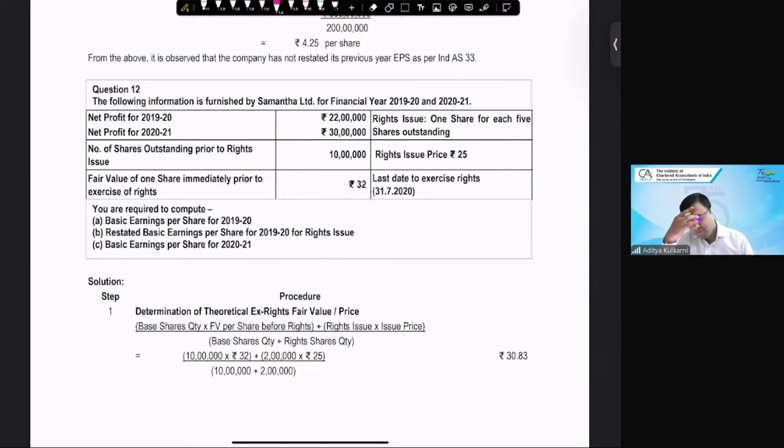Are you able to follow? Yes, sir. Reduced price, because if you are giving to the existing shareholders, you don't have to make a prospectus again. You don't have to explain everything all over again because these are existing shareholders. They know everything about the company.